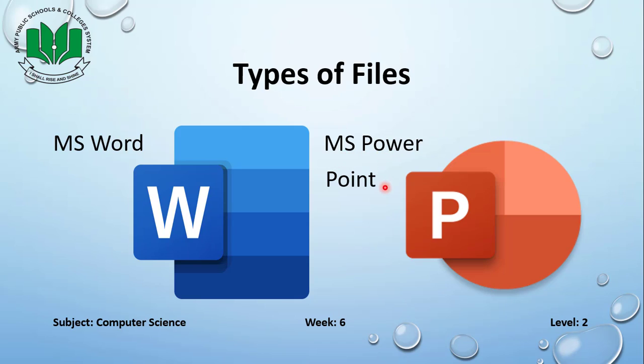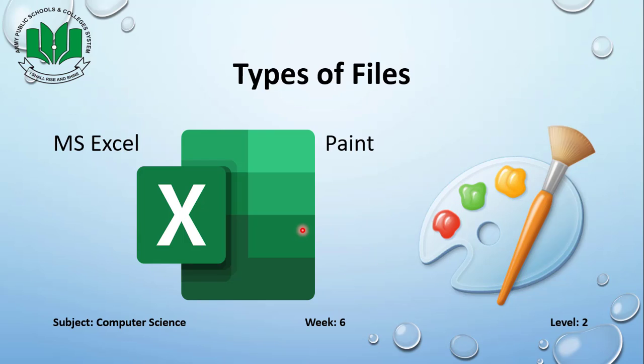Microsoft PowerPoint or MS PowerPoint is used to make presentations. Microsoft Excel or MS Excel is used to do calculations. Paint. Paint is used to draw or paint any picture.